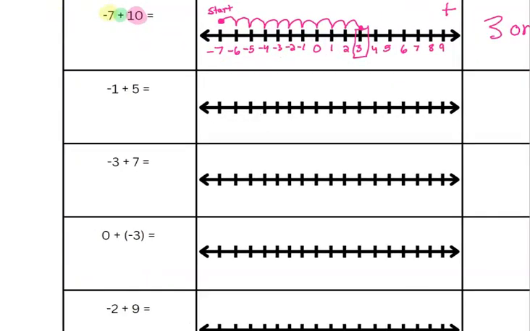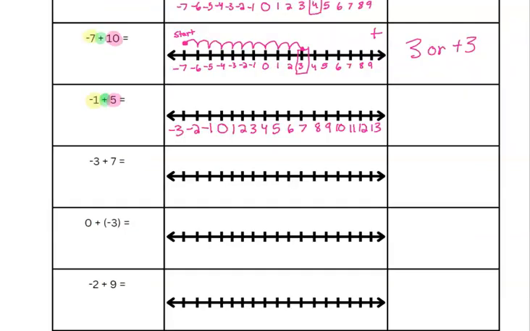Taking a look at this question, it looks like we are going to start with -1. So when I begin to number my number line, I'm going to make sure that -1 is on my number line. Now I have numbered my number line and used the same color code to break down this question.